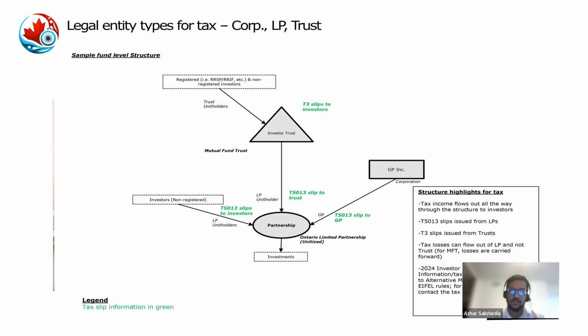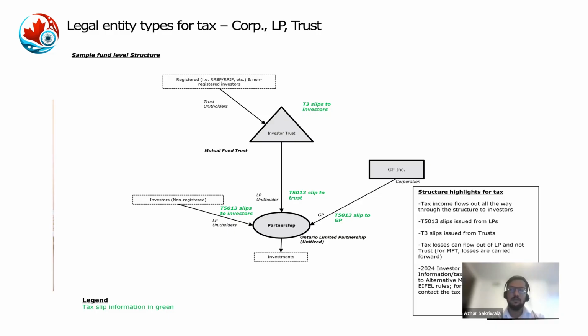So partnerships in Canada do not pay any taxes on their own. So all the income that is earned within that particular entity, let's say it's rental income, interest income, any income from business activity, at the end of the year, after you account for all those incomes, those are distributed to the partners in their proportionate share of investments.